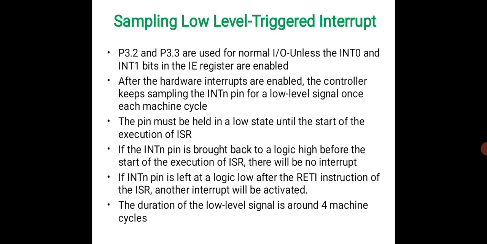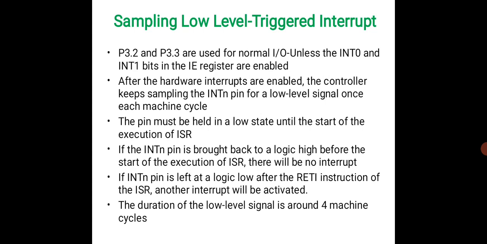After the hardware interrupts are enabled, the controller keeps sampling these INT pins for a low level signal every machine cycle, and the pin must be held in a low state until the start of the execution of the ISR. If it is brought back to logic high before the start of the ISR, then there will not be any interrupt. If this pin is left at logic low after the return from interrupt instruction of the ISR, another interrupt will be activated.